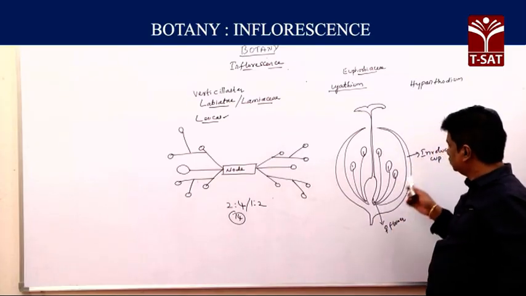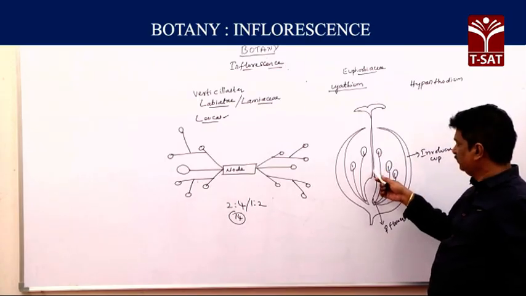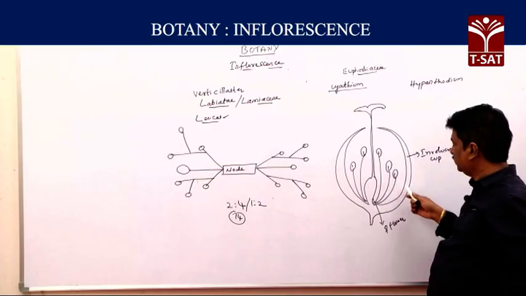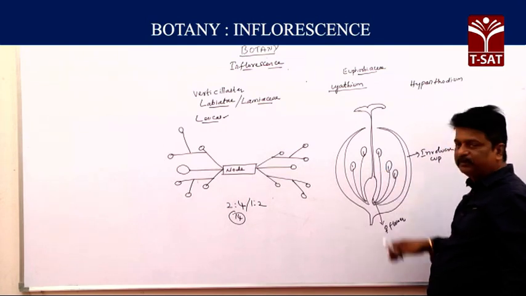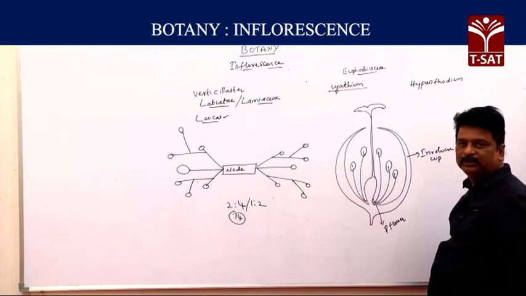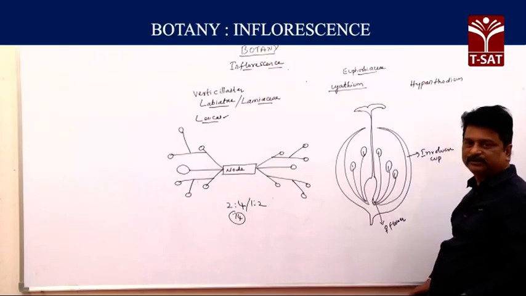So the ratio of female to male flowers is 1:many. Both male and female flowers are naked or achlamydeous. Perianth members are absent.